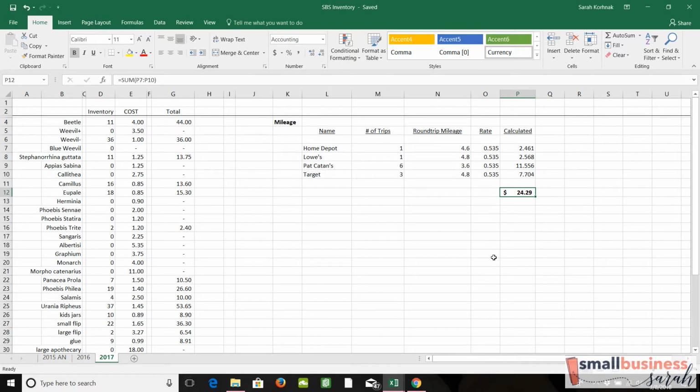But I feel like this is true business mileage. It is reliable because I used my business credit card, so I know that these were for a business purpose. I went to Home Depot and Lowe's a bunch of other times during the year for personal reasons, but I used my personal card then, so I know not to count those.